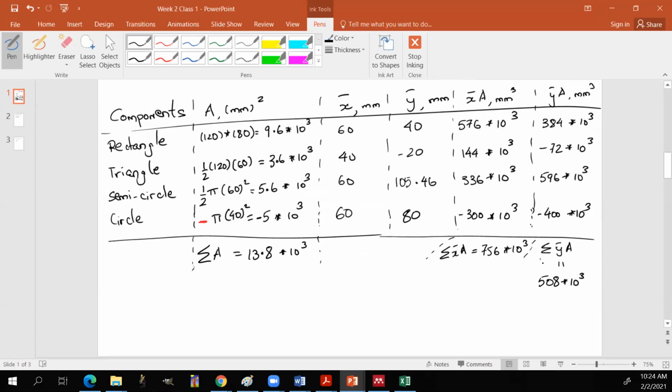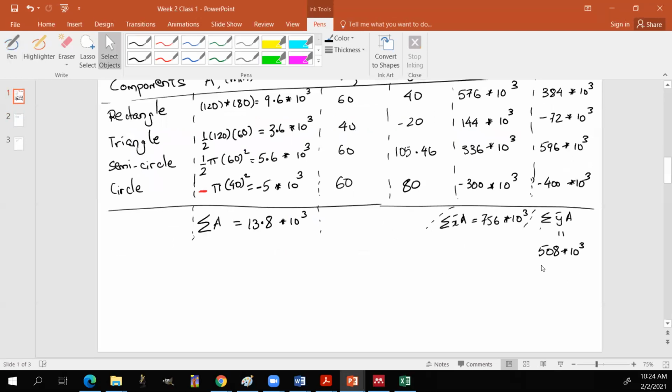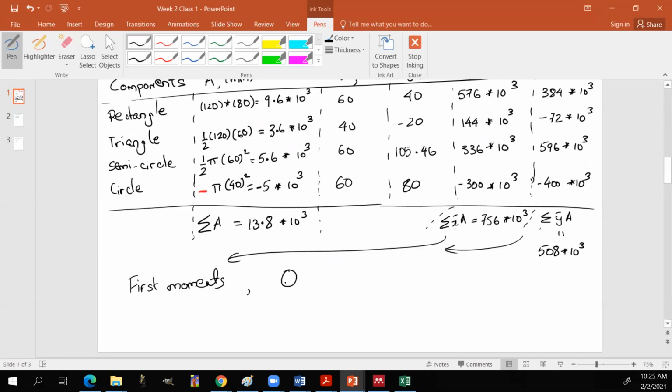All right, so the symbols that are used to refer to your first moments, we didn't look at that in the lecture, but quickly go through here. So the first moments, basically just these guys over here. The symbols are, does anyone remember? Statics, Q, right?